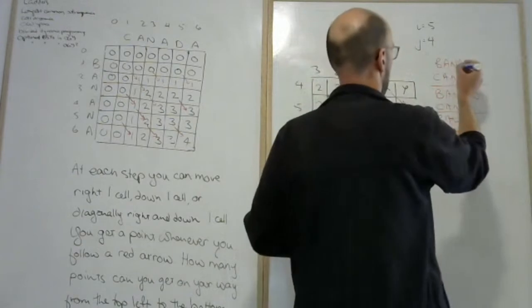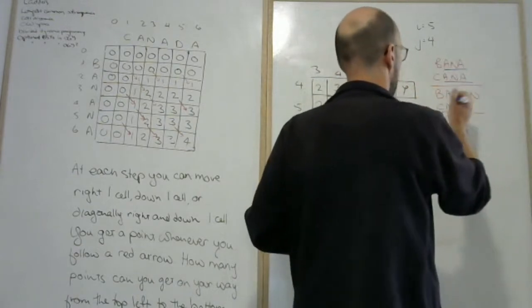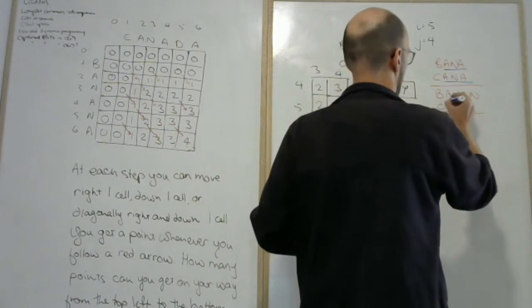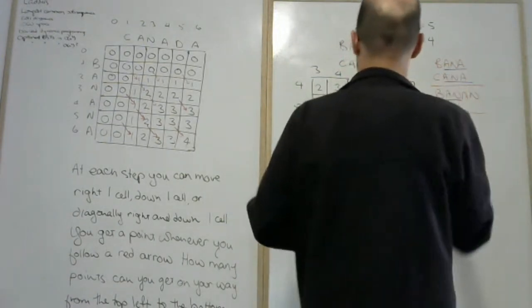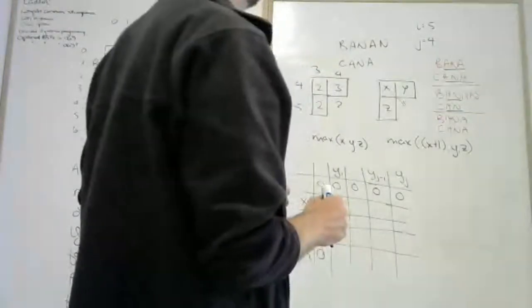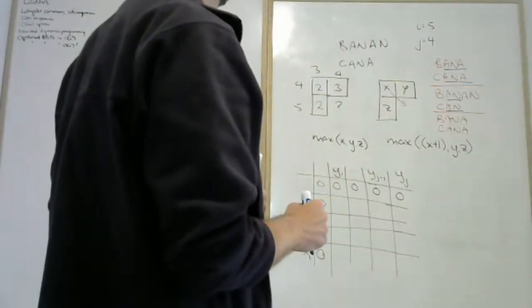So here we have A and A. Here we have, say, AN and AN, and here we have, wait, I've got bana and kana twice. We've got 5, 5, 3, 4, 4, and 4, 3.